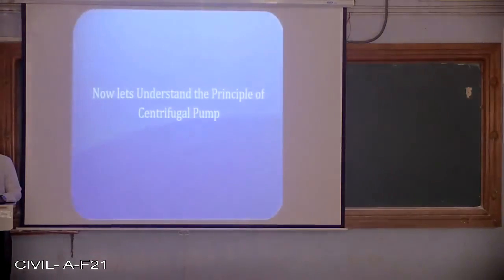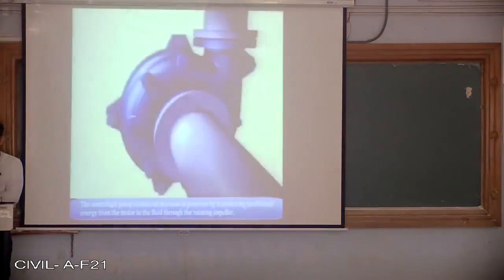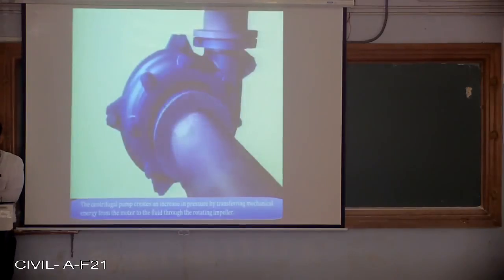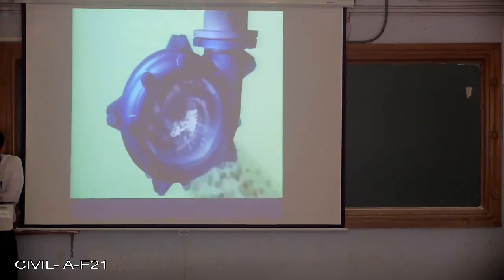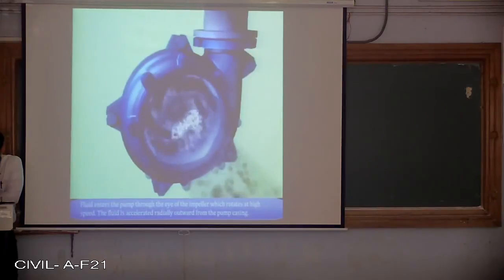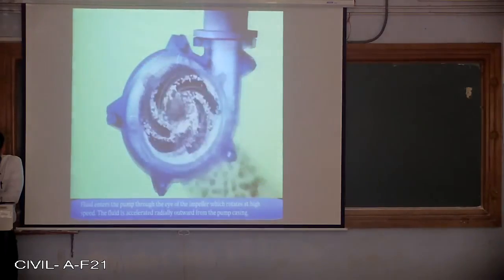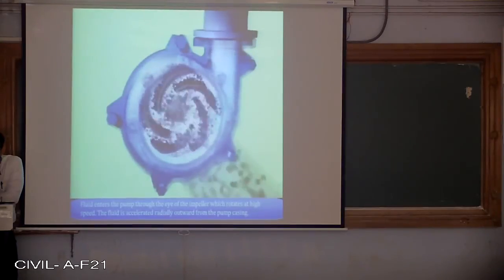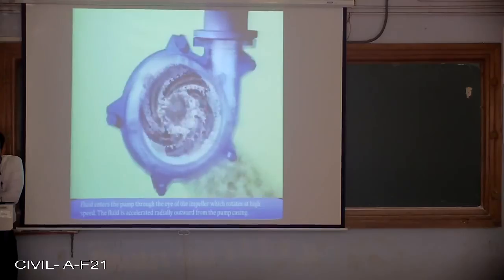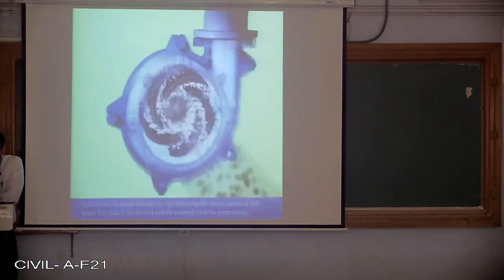Now let's understand the principle of centrifugal pump. The centrifugal pump creates an increase in pressure by transferring mechanical energy from the motor to the fluid through the rotating impeller. Fluid enters the pump through the eye of the impeller, which rotates at high speed. The fluid is accelerated radially outward from the pump casing.